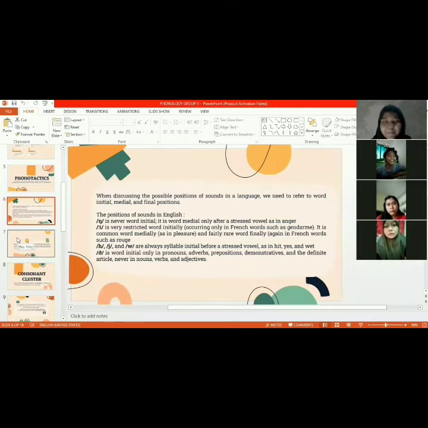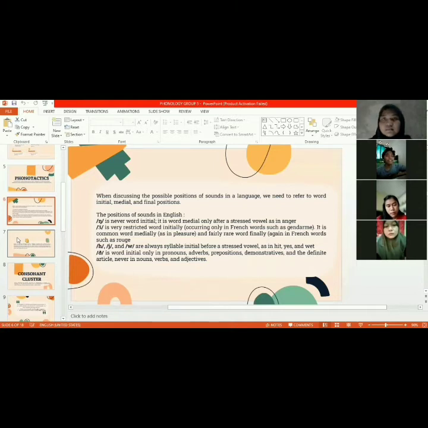The h and w sounds are always initial in the syllable before a stressed vowel, as in hit, yes, and get wet. As you can see in the word head, there is the word initial of the syllable, h, before the stressed vowel e.